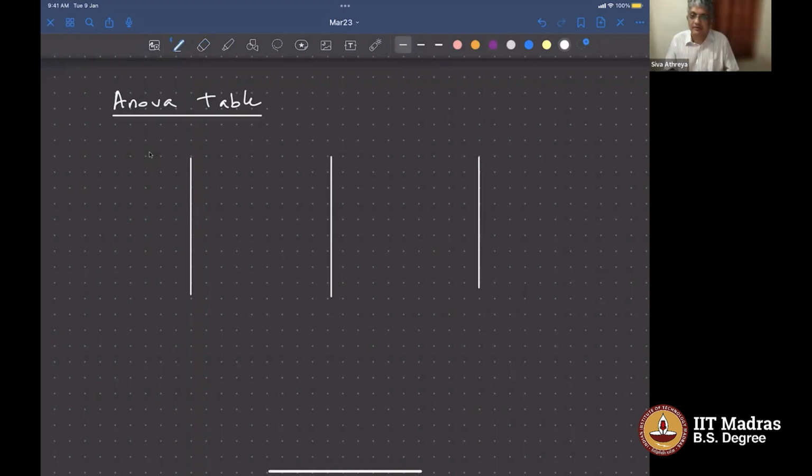In the first column, you put the source. In the second column, you put the sum of squares. In the third column, you put the degrees of freedom.